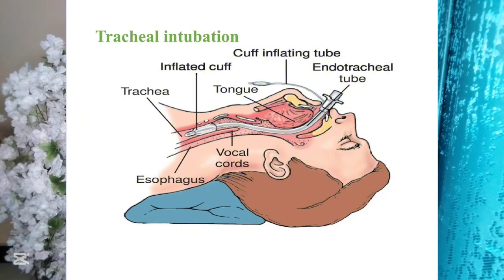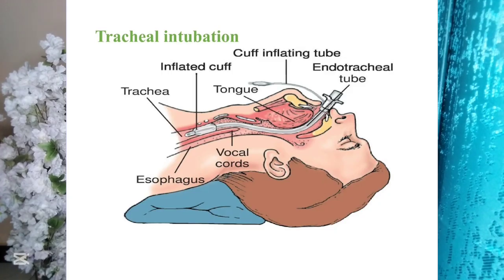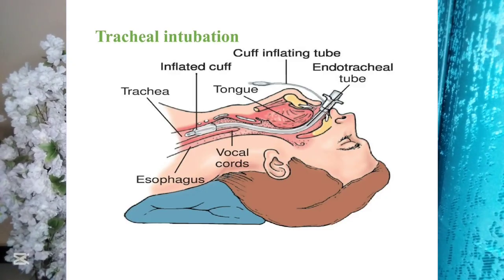Placement of the endotracheal tube into the trachea can also prevent secretions, for example, mucus, saliva, and contents of the stomach from entering into the lungs.